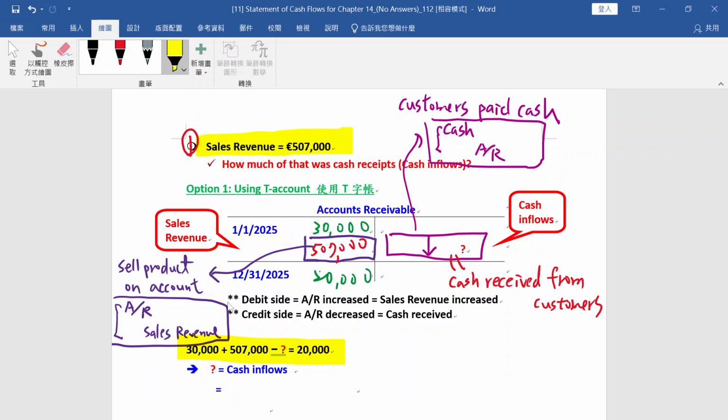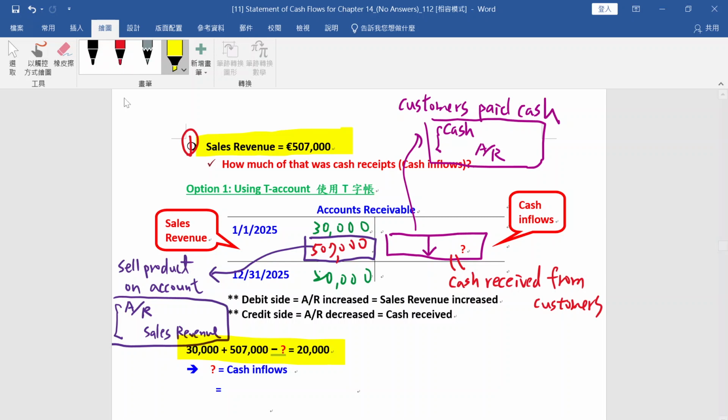You got your cash inflows. How much money you got? This is our answer. Any questions? So how much? Do you know how to get it? Yeah, okay.